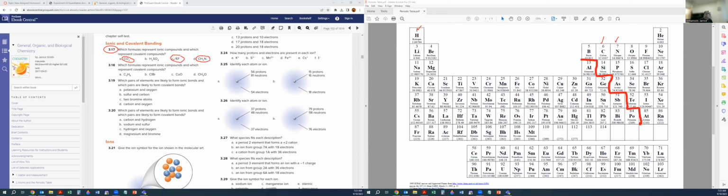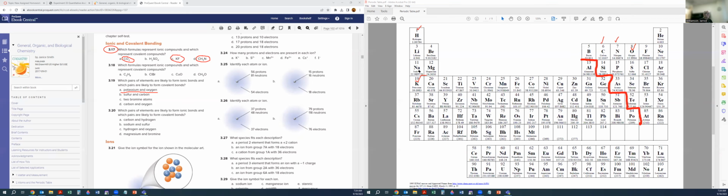Okay, so let's do some others. Let's see, number 19, potassium and oxygen. Which pairs of elements are likely to form ionic and which are likely to form covalent? Potassium here, oxygen over here, metal with a non-metal.